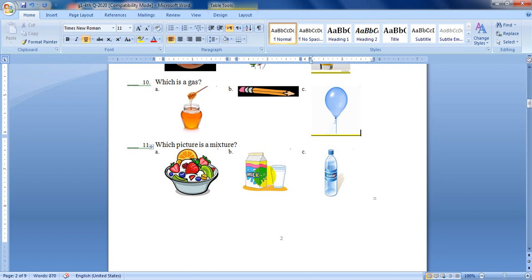Of course not. What about water? It's not also made up of two or more kinds of matter. It's just one liquid. What about letter A, this bowl of salad? Yeah, it is a mixture. So the answer here will be letter A.